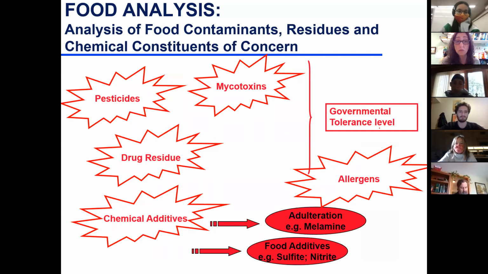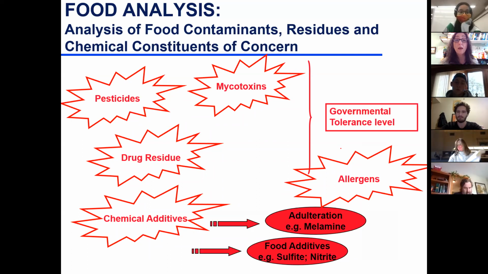There is a tolerance level for these different compounds, and it varies. Sometimes there is a zero tolerance level. For example, aflatoxin B, there's no tolerance level for it. It is genotoxic, not just a carcinogen. So it is very toxic, so there is no tolerance level for it.